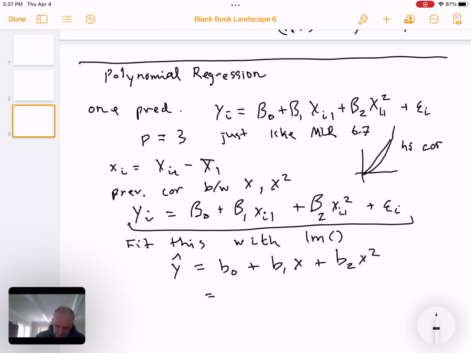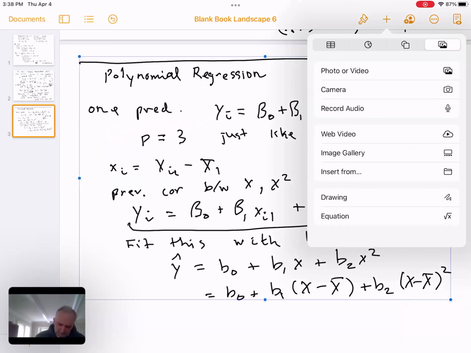Okay, so what is this? This is equal to B0. Let's put in the original stuff here. Same y hat. Oh, running out of space.